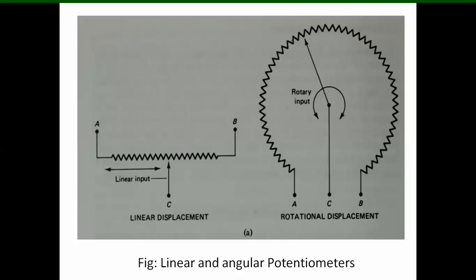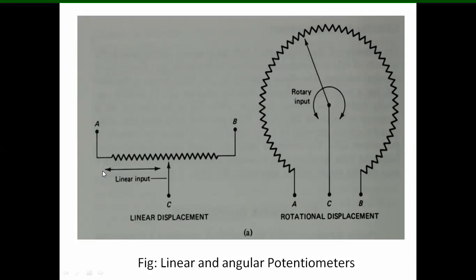In some cases the pistons may move forward and backward. How much displacement is it moving? Such linear displacement of the pistons may be identified by using linear displacement transducers. So this C is connected to the member whose displacement is to be measured.